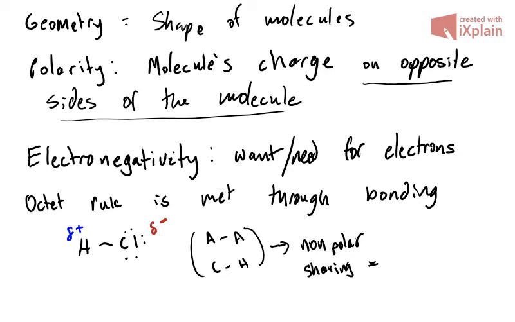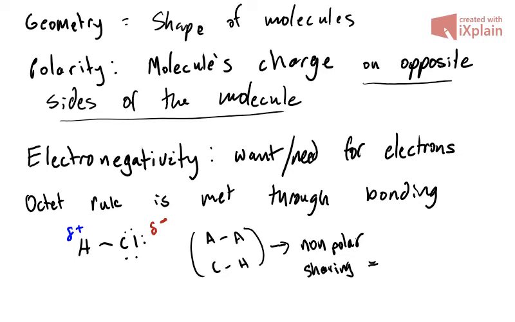What we just showed is a polar bond. And the only reason this is a polar molecule is because there's only one bond in the molecule. When we get into multiple bonds, we get into more sticky situations. It is harder to tell whether a molecule is polar or nonpolar.